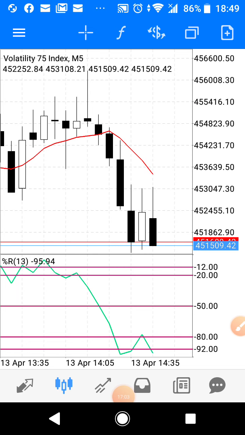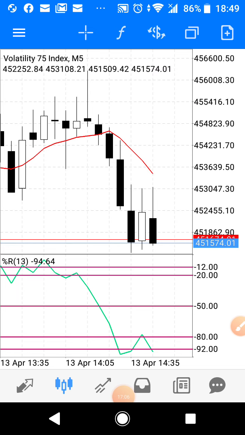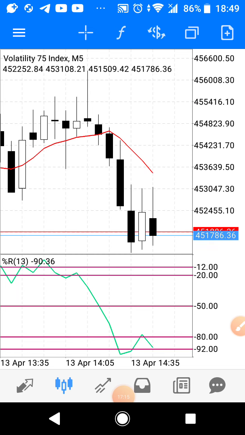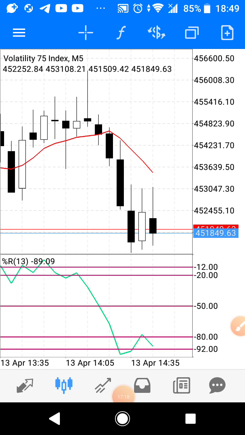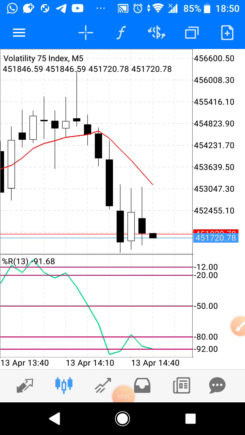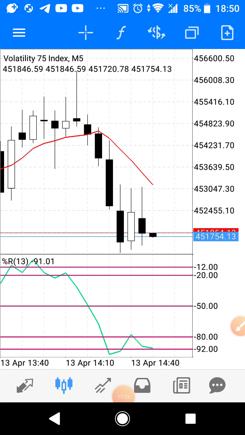I told you, you must have 2 candles going in the same direction. Don't forget that. You can see I repeated it.